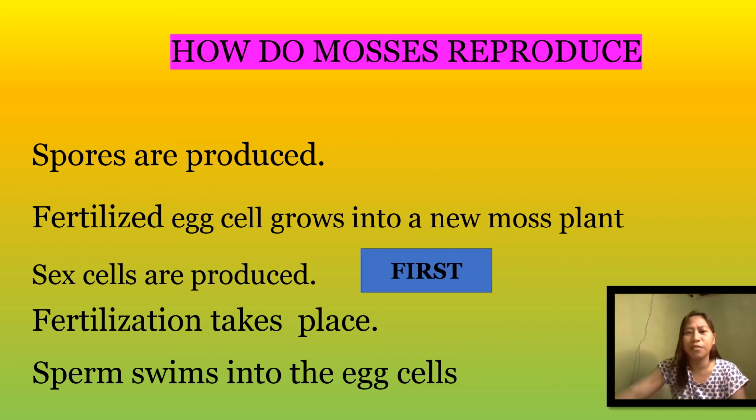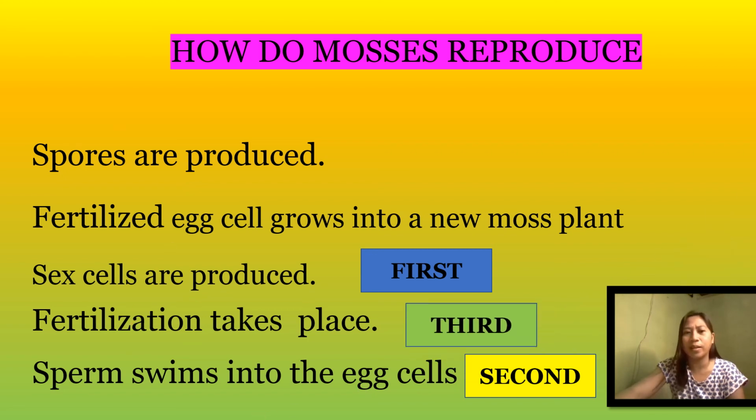Okay, so this is the first step in the life cycle of a moss. Sex cells are produced. Okay, what do you think is the second? Okay, so after the sex cells are produced, the sperm swims into the egg cells. Okay, next.